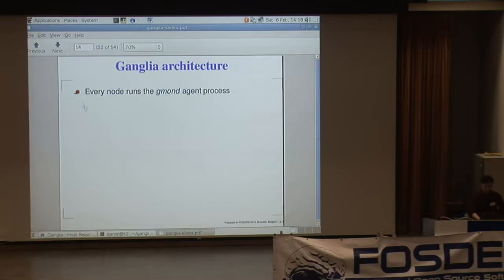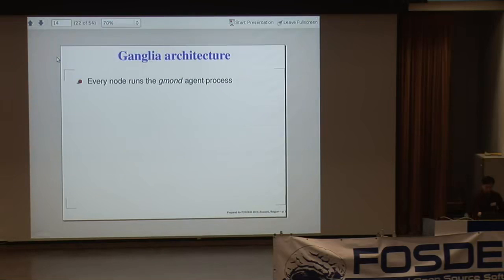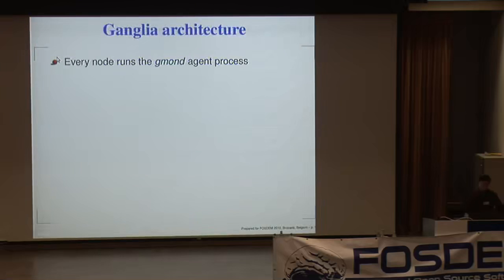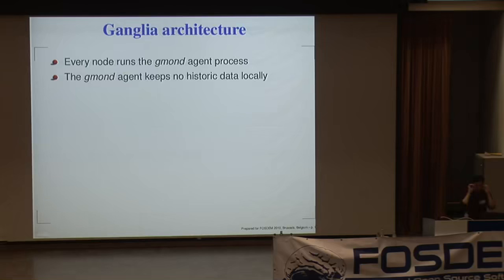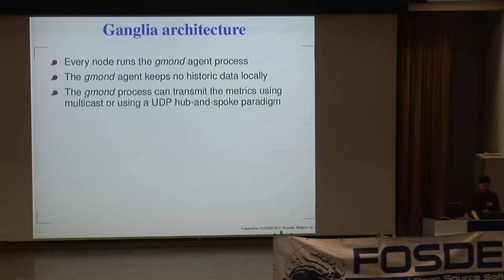Okay, so let's talk a bit about the architecture. Every node runs the gmond agent, which is what you run on an individual host. It doesn't keep any historic data locally; the data is just sent around.